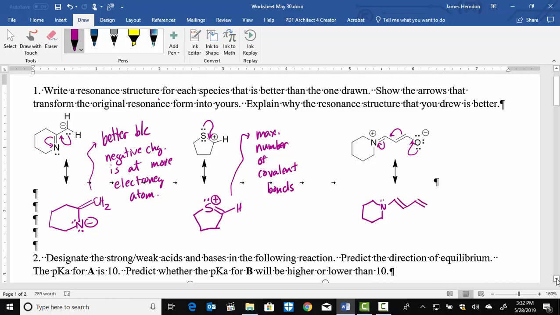But this would be the alternate resonance structure that we draw here. And here you can see that the advantage to this resonance structure is kind of obvious. There's no formal charges. So we could say that this one is better because there's less charge separation.